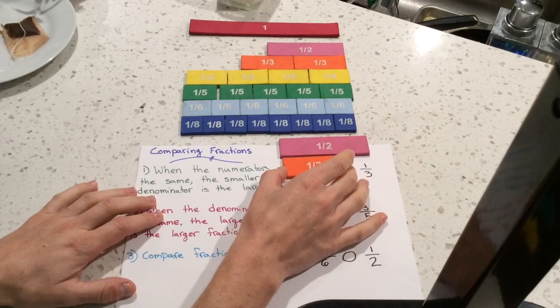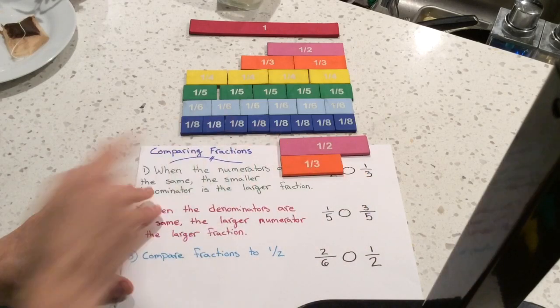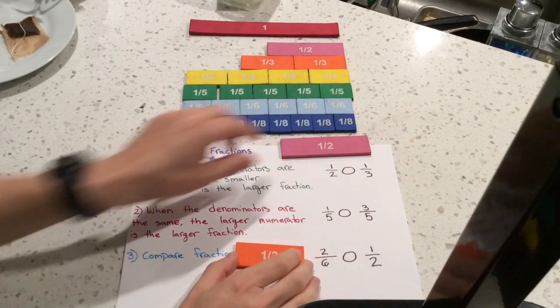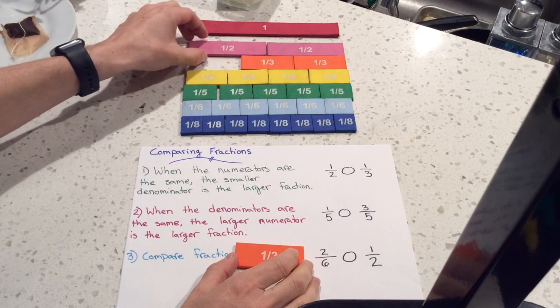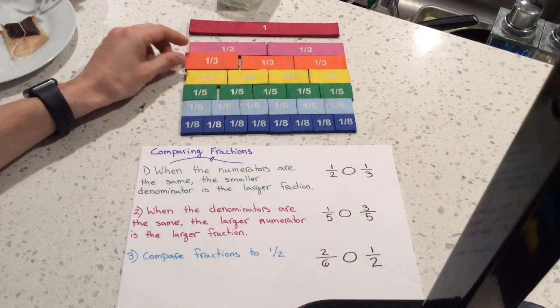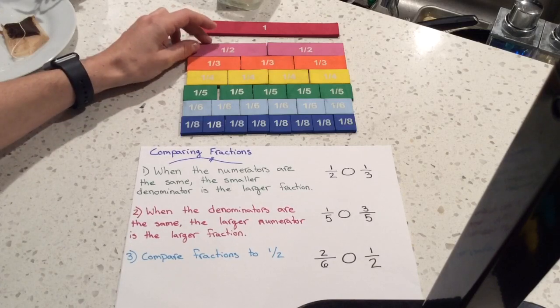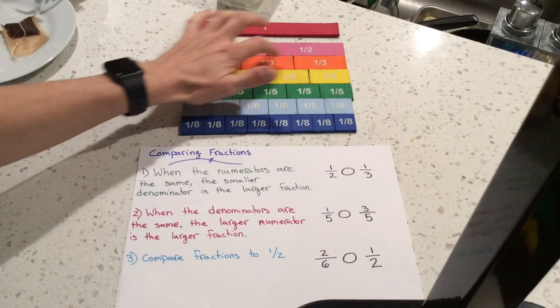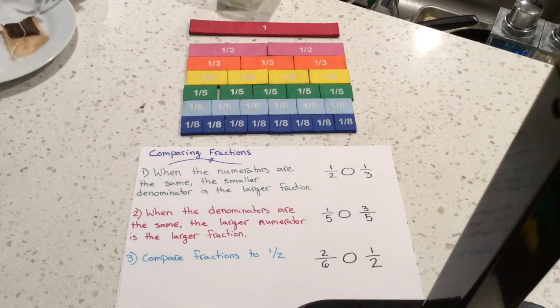If I put these next to each other, I can clearly see that the 1/2 fraction is greater than the 1/3 fraction. And that's because when we think about how we're breaking apart these fractions, the denominator is telling us how many pieces it's broken into. So it's taking up the same amount of space. These are all representing one whole, but it's been broken into smaller and smaller pieces depending on the size of the denominator.